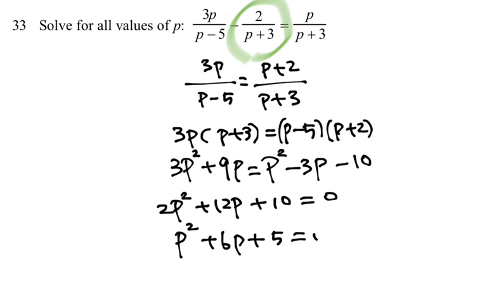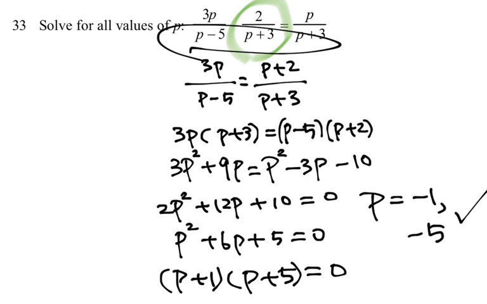Now I can factor two numbers that multiply to 5 and add up to 6. So we get this one, and then -1 and -5 become our solutions. All right, since -1 and -5 don't make any of the denominators 0, this is good as our answer. Alrighty, let's move on.